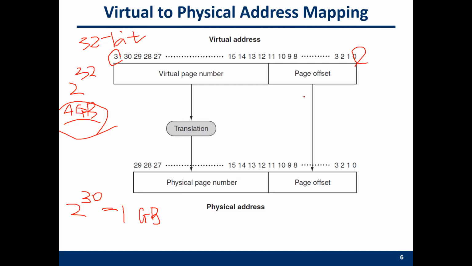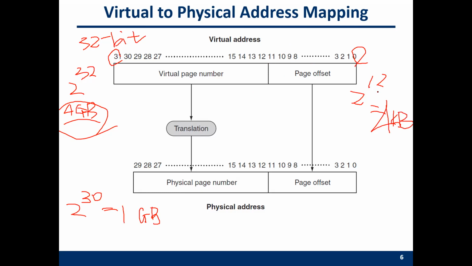So as you can see, both virtual memory and physical memory consist of pages. The size of pages is the same. This page offset is from 0 to 11, which is 12 bits. 2 to 12 is 4 kilobytes.